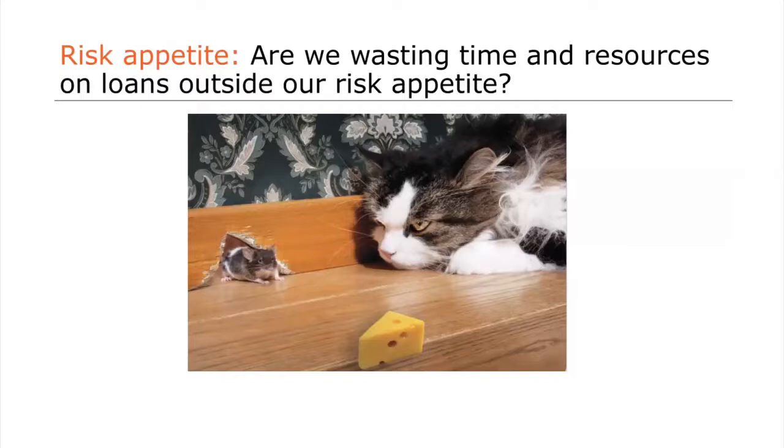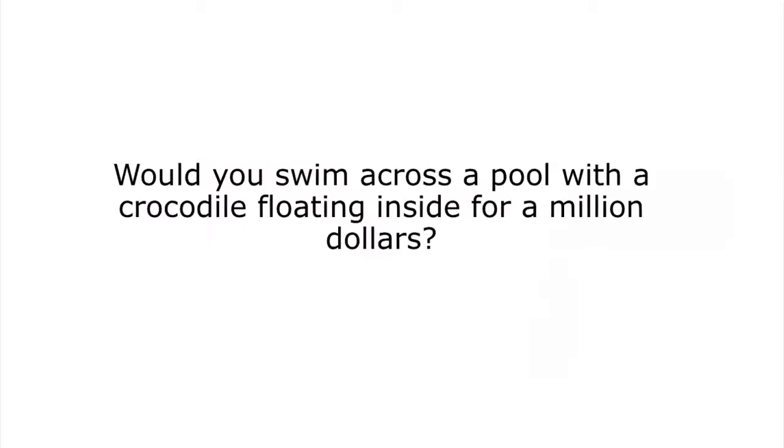Okay. Next thing, let me just ask y'all a quick question. Would you swim across a pool with a crocodile inside for $1 million? I know you're sitting there and you're saying, what is Anson talking about? But serious question. Would you swim across a pool with a crocodile floating inside for $1 million?